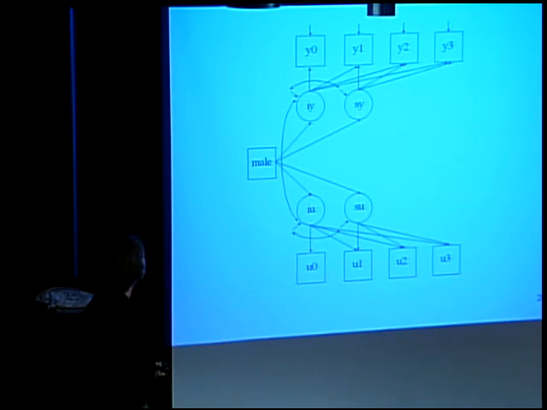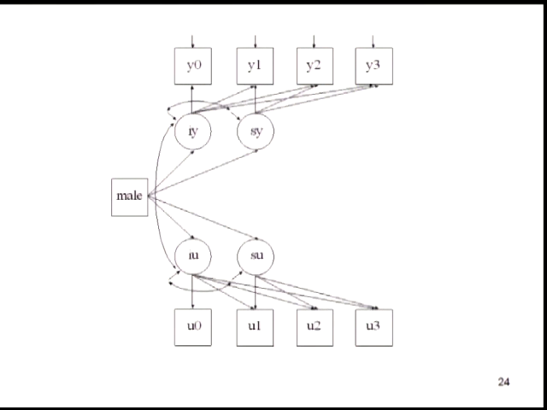Okay, so let's take a look at what the model that we're going to estimate looks like. It has the u part of the model down at the bottom and the y part of the model at the top. So y is continuous, u is binary. So it's like the parallel process model we looked at yesterday, but one part is binary, one part is continuous.